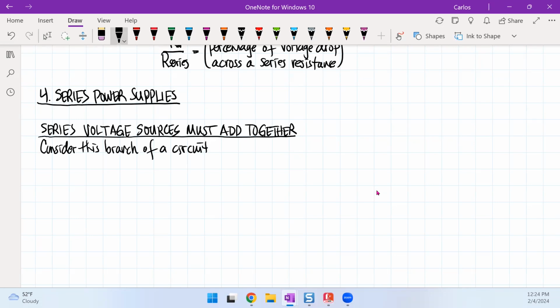So I'm going to have my sub-circuit here. And I'm going to arbitrarily draw an odd number of sources. In this branch, I'm going to have a source here, here, and then another source here.